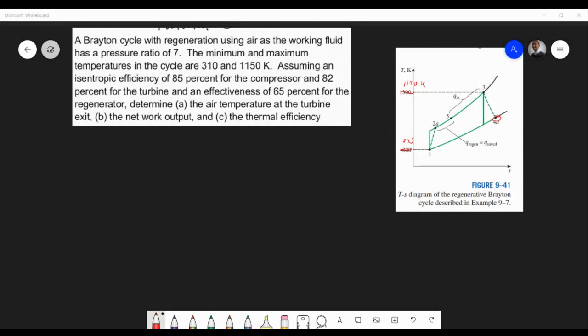All right, are we winning? What's my T2 actual and my T4 actual? Who's got it?